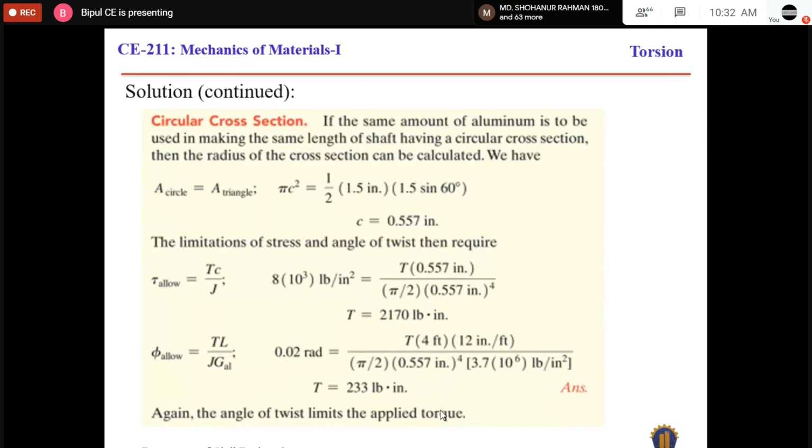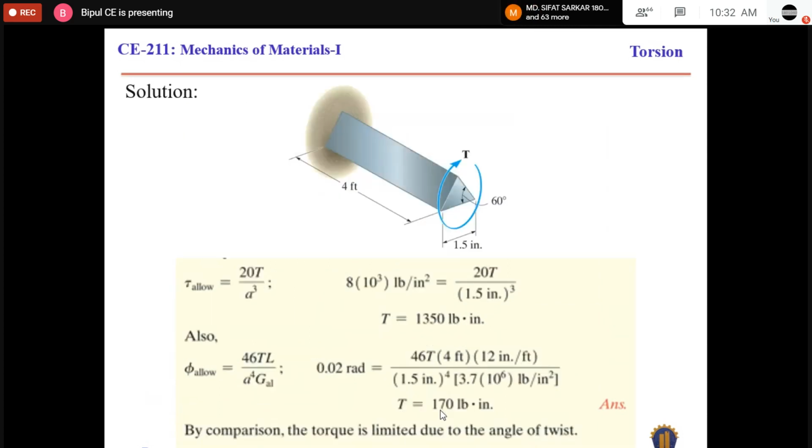And the next question was, this shaft has a triangular cross-sectional area, but if we make another shaft using the same amount of material, say that to make this shaft it requires 50 cubic inches of material, we can make another circular shaft having the same amount of material.